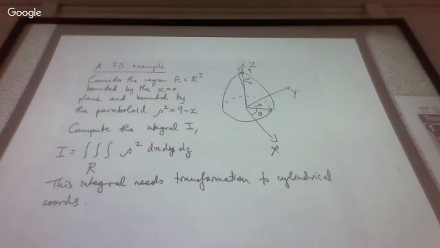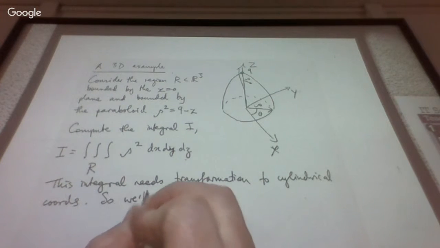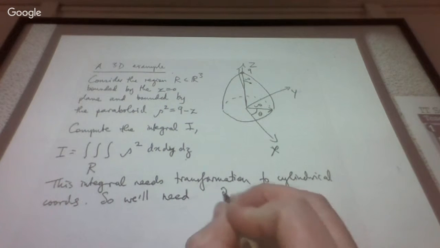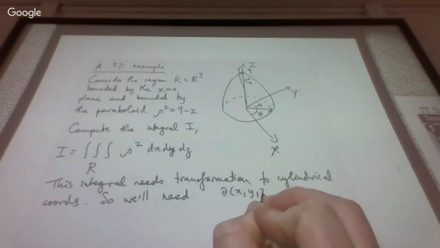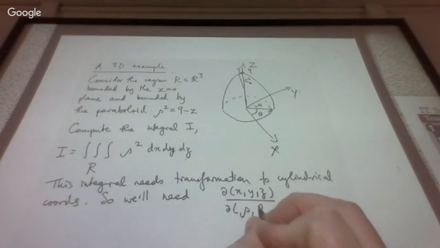That's one of the variables occurring in cylindrical coordinates. And the region we're integrating, well, one of the surfaces defining the boundary of the region is itself given as an equation of cylindrical coordinates, rho and z. Okay. So we'll need the Jacobian d(x,y,z)/d(rho,theta,z).